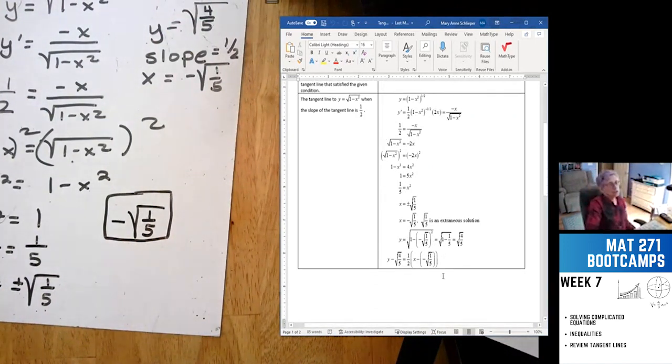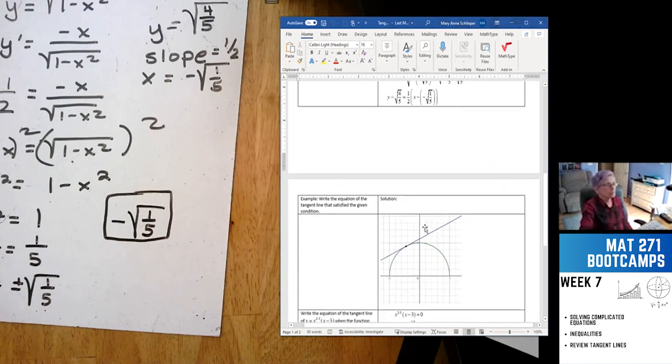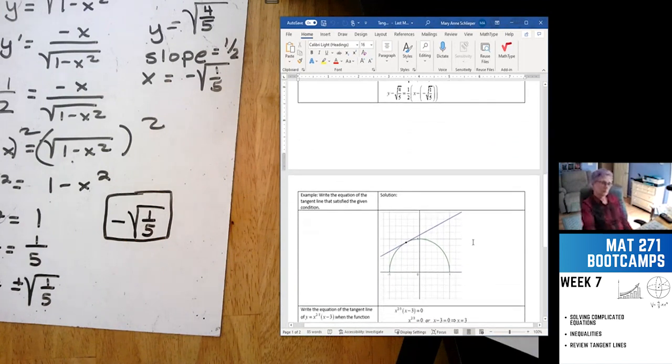And then it's just y minus your y coordinate is equal to slope times x minus your x coordinate. Easy enough. There's the pretty picture.